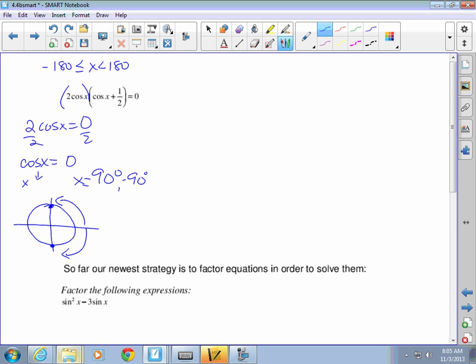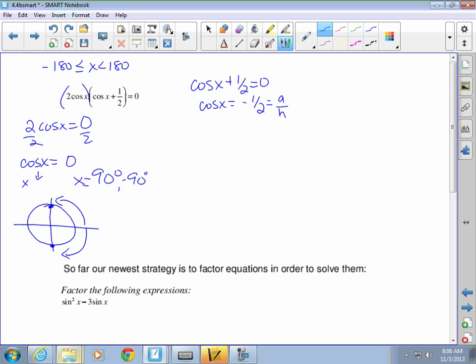For my second factor, I have cos of x plus 1/2 is equal to 0. So cos of x is equal to negative 1/2. So I need to know then which triangle uses adjacent equal to 1 and hypotenuse equal to 2.